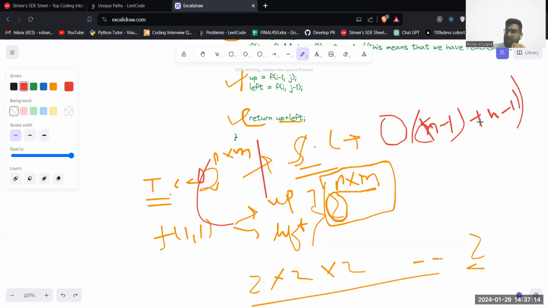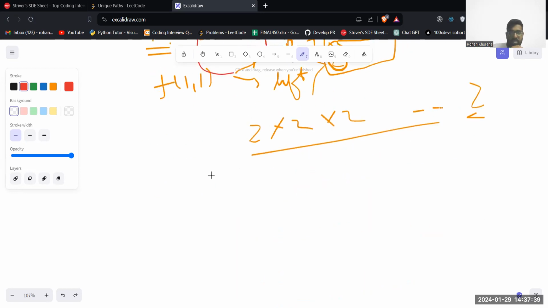I hope this is clear that you are going m minus 1 places for up, and for left you are going n minus 1 places. So this is our space complexity, and this is our exponential time complexity. Understood. Great.